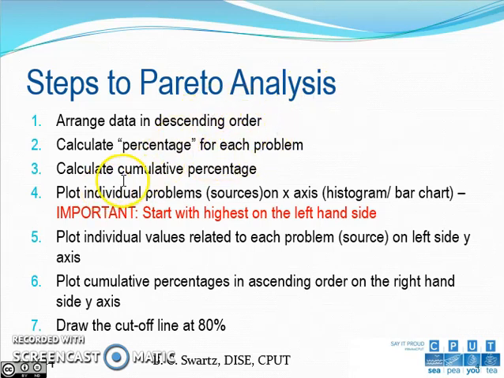The next step is calculate the percentage for each problem. Then you calculate a cumulative percentage for each of these problems. Then you plot the problems on the x-axis, and then you plot the individual values related to each problem on the y-axis. I'll explain that as we go through the example. Then you plot the cumulative percentages on the right-hand side y-axis and draw a cutoff line.